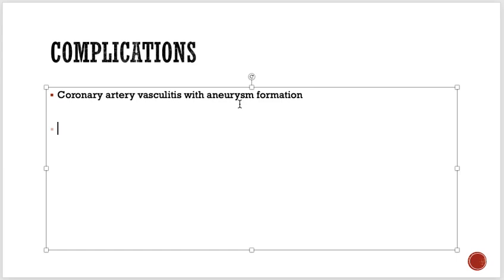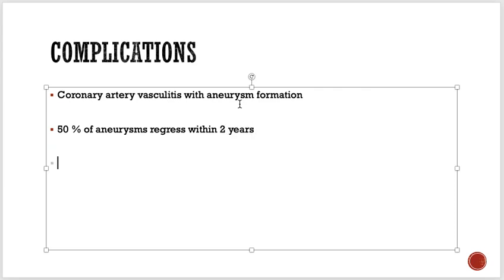When we start them with IV immunoglobulins, the chances of this complication decrease too much. Okay, when they develop aneurysms, 50% of aneurysms regress within 2 years.